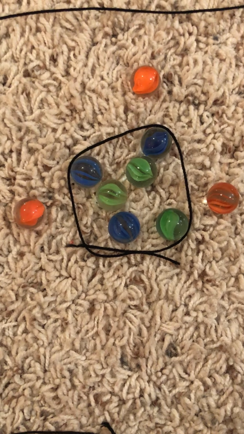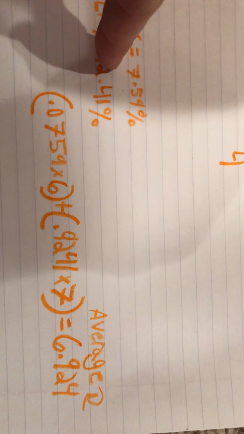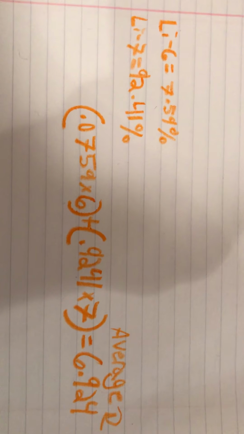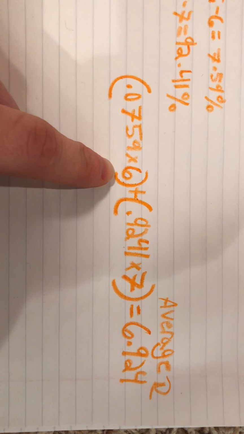So there's a way to find average atomic mass of these cells, or atoms, not cells. And that is by taking the percentage of abundance and then putting it into decimal form and times it by the mass number.